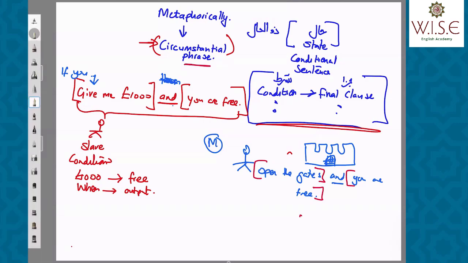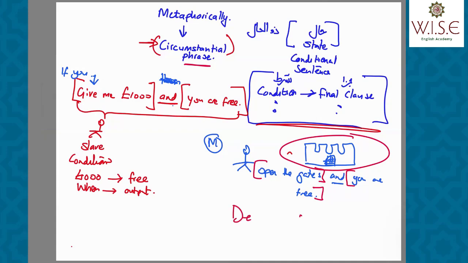He's obviously surrounded the castle, and the circumstantial idea will tell you that he doesn't mean it literally, he means it in a metaphorical sense. So he's making a condition: if you open the gate, it's a conditional sentence now. If you open the gate, you'll be safe, but if you don't, you won't be safe. Or say they're fighting, and he says to the enemy, descend, and you are safe.